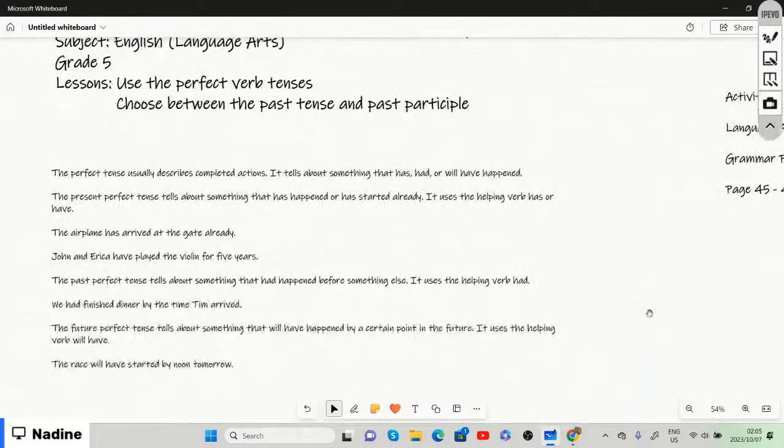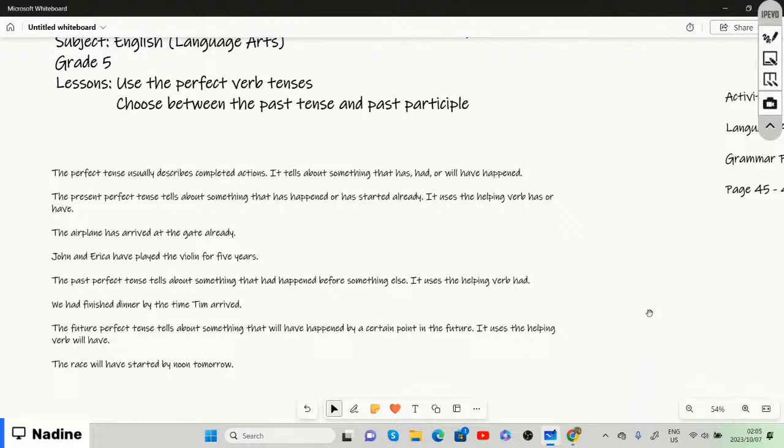So basically, whenever we hear verb tenses, we know it is either in the present, in the past, or even in the future. But in this case, we're only focusing on the perfect verb tenses.